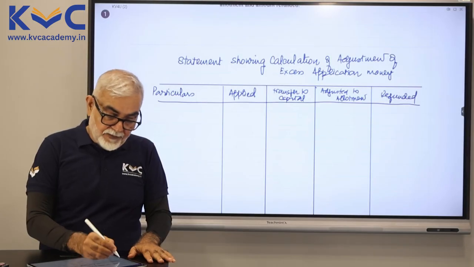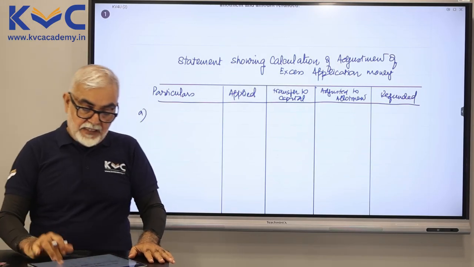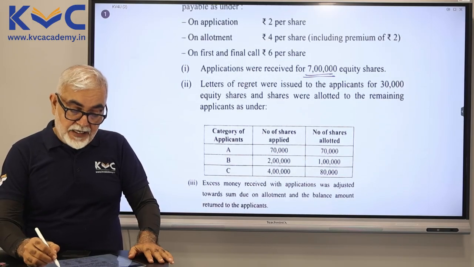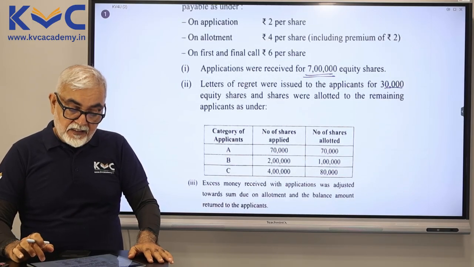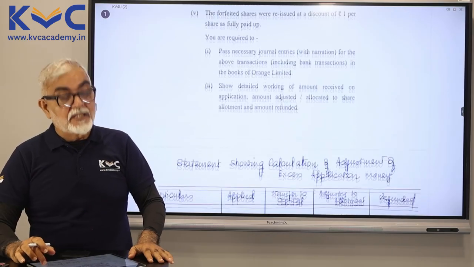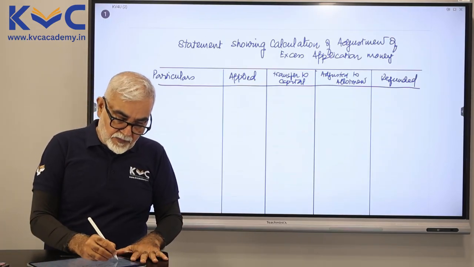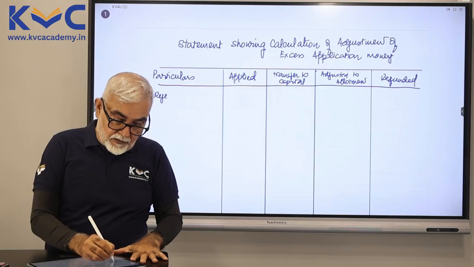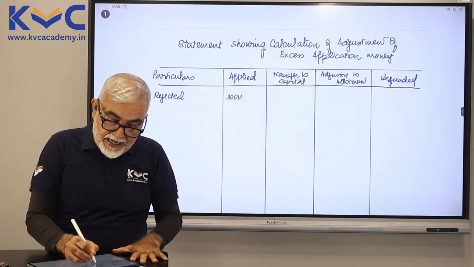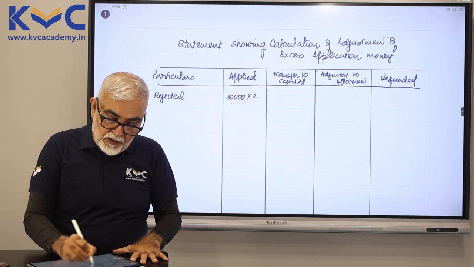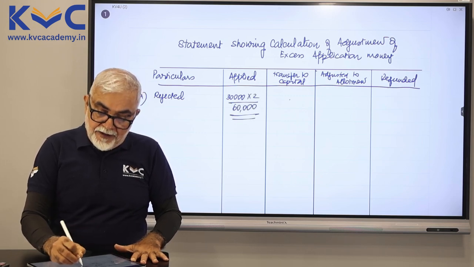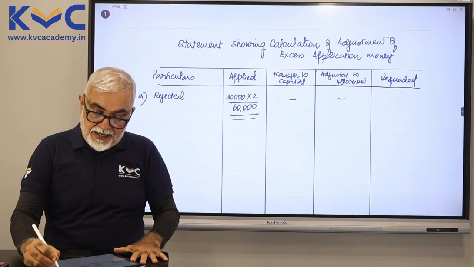Now let's follow the rules that they have done. Applications for 30,000 shares were rejected. Letters of regret were sent. So, rejected. How much did they pay you? They paid you 60,000. You didn't give them any share, no adjustments.